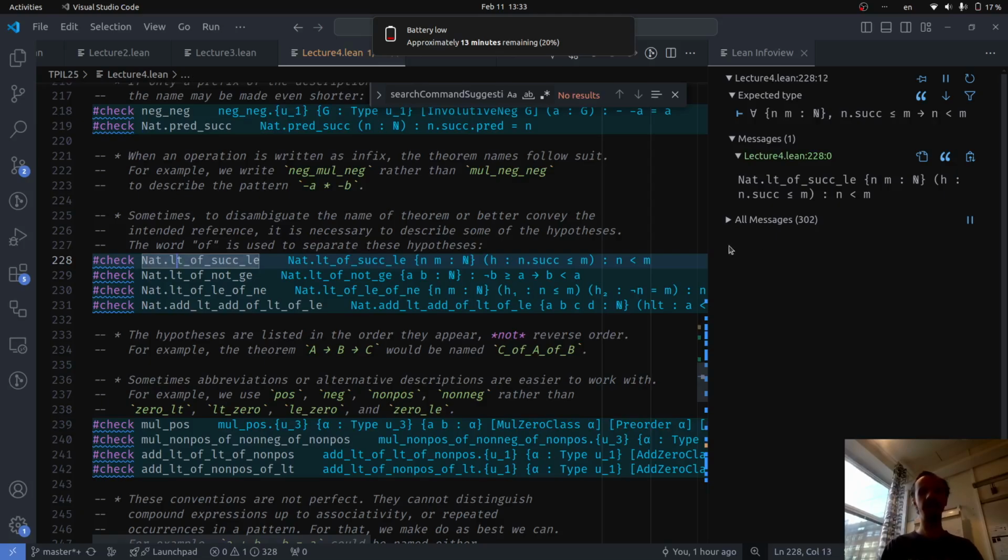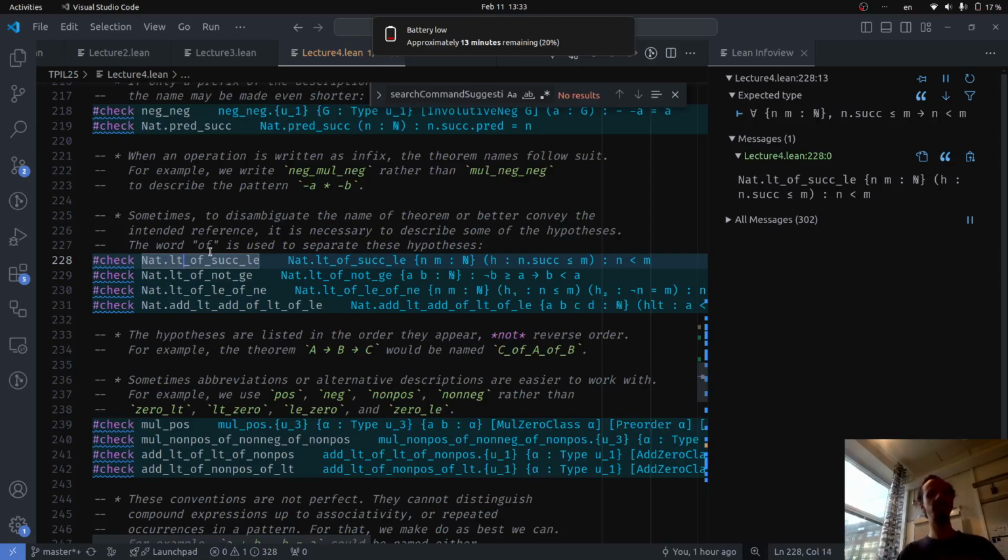So here we have lt_of_succ_le, right? So the reason for this is they're sort of in order of importance. So the conclusion comes first, or the left-hand side of the conclusion comes first, because that's the first thing that you want to type, and then autocomplete helps with filling out the rest of it.